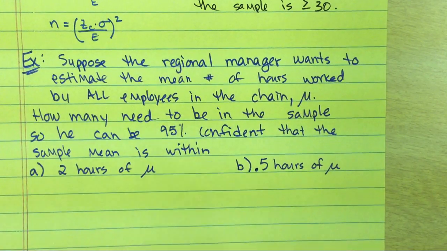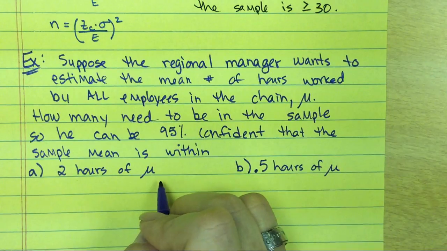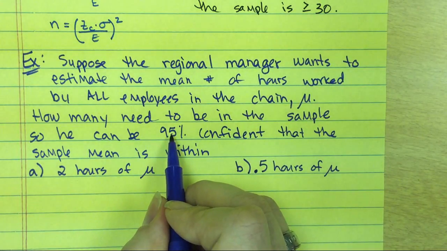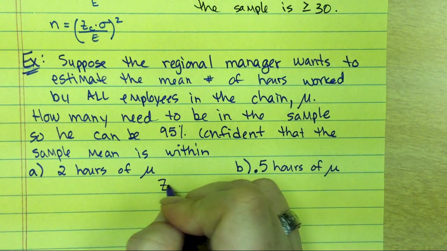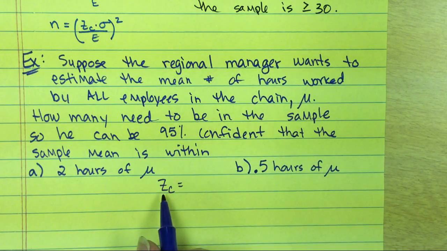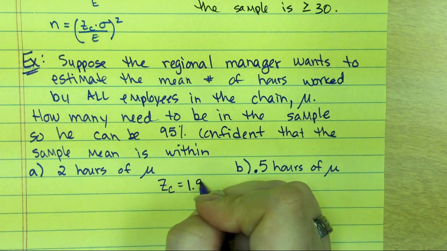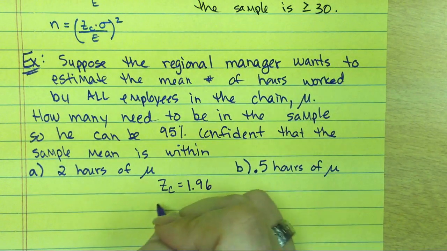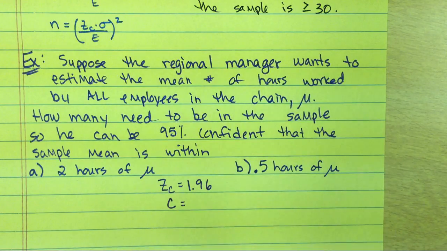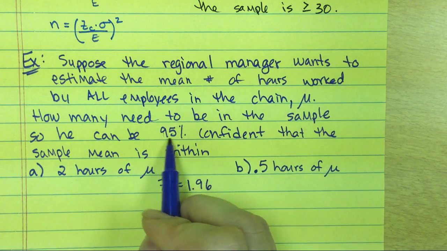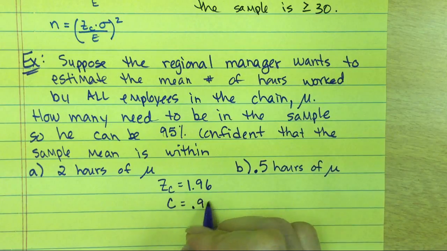So the information that we're using here is that our confidence interval is 95%, and so we can look up the z-score that goes with that, which is 1.96. C is our confidence level, so that is the 95%, so 0.95.